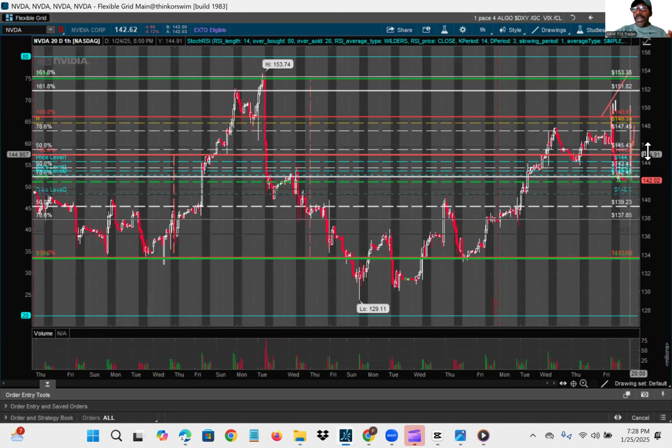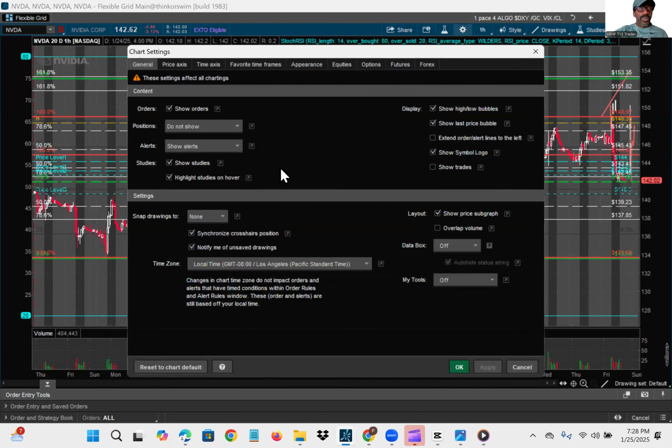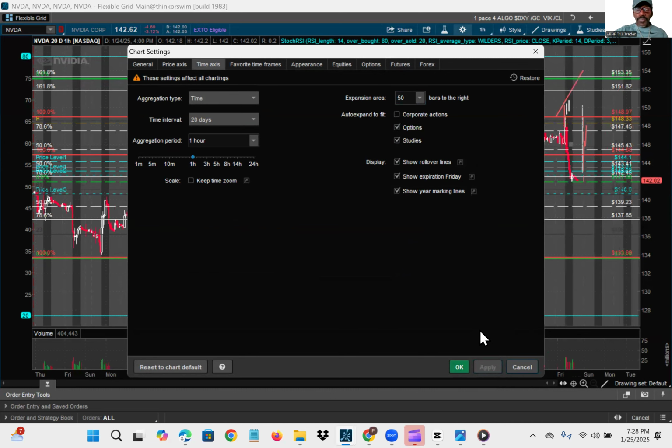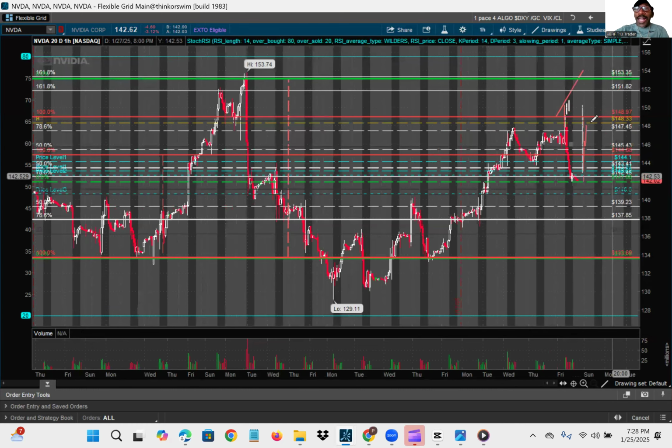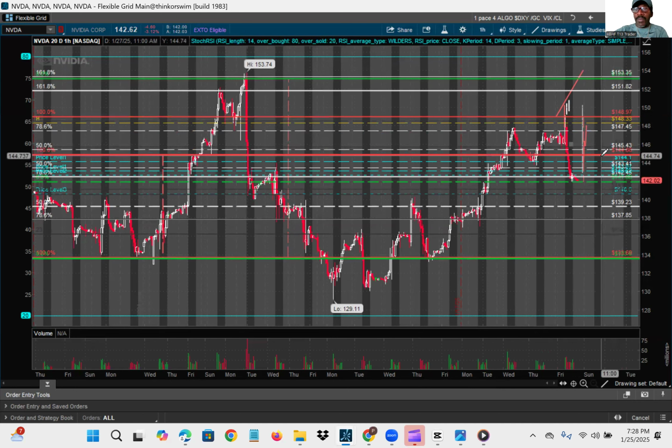We don't know if it's going to range for the rest of the week. Just look at support and resistance levels. Buy and sell off of support and resistance levels.